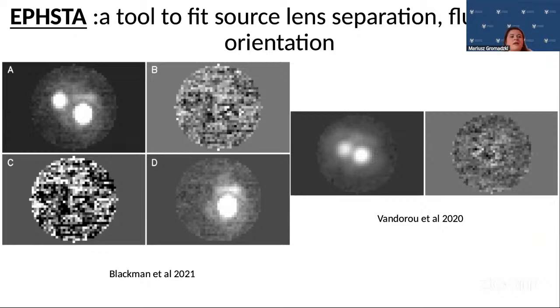What we really need to focus on is how to fit the source and lens separation, flux, and orientation inside one pixel. So I have been working on a code that I called Efsta, after my beloved grandma. And this is a code that is using a method that was came up by Christophe Allard, and it has already been used in a couple of follow-up papers. So this was a script written by Christophe Allard for Christophe Allard, and I can say that I am maybe the only person that had the privilege to have access to this script and finally understand it.